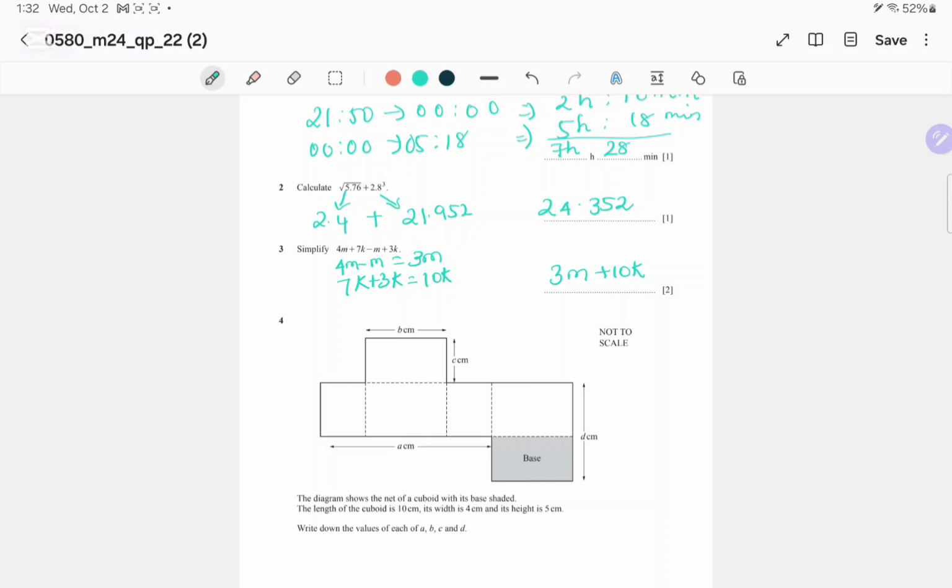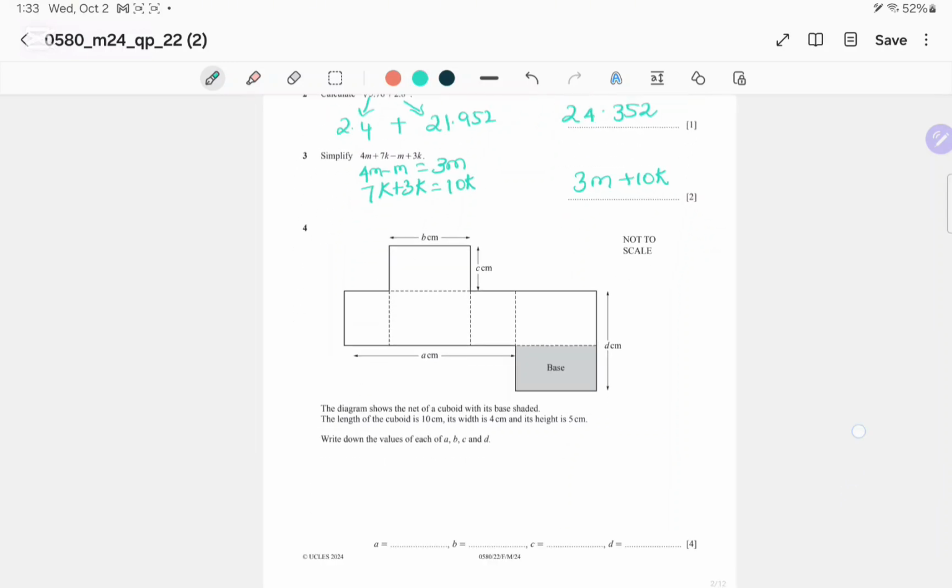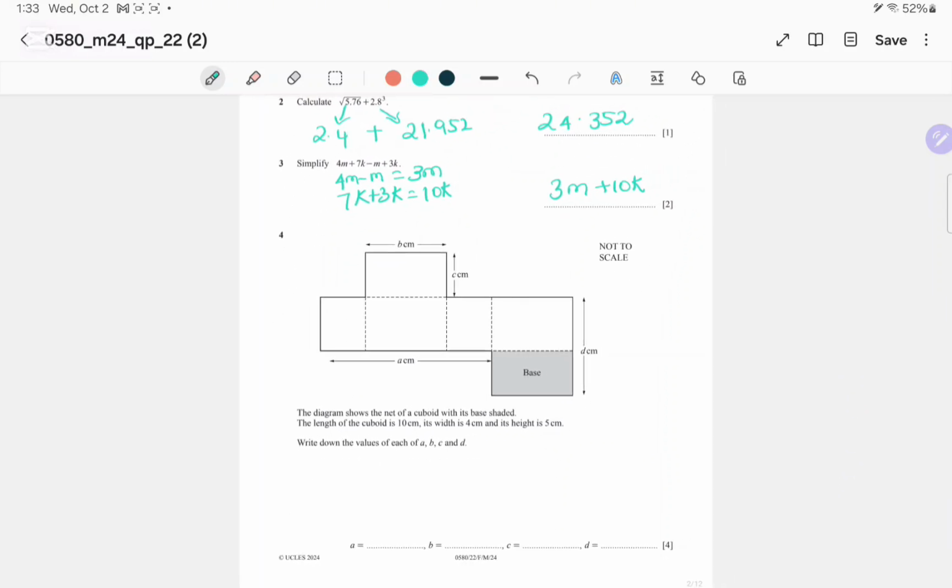So here the diagram shows the net of a cuboid with the base shaded. Okay, this is the base part which is shaded, and the length of the cuboid is 10 centimeters, with 4 and height 5 centimeters. Write down the values of A, B, C, D. So length is B centimeter, we will write it first.